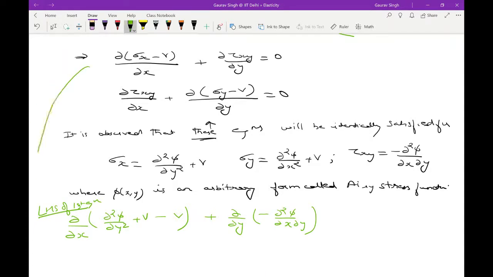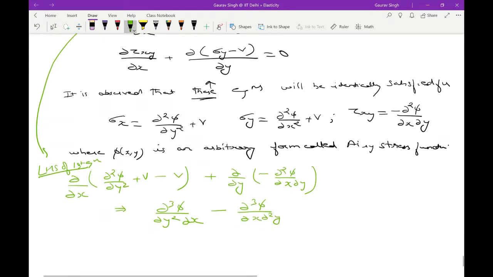Now I want to write it as ∂³phi/∂y²∂x plus ∂V/∂x, and minus ∂V/∂x gets cancelled, minus ∂³phi/∂x∂y².